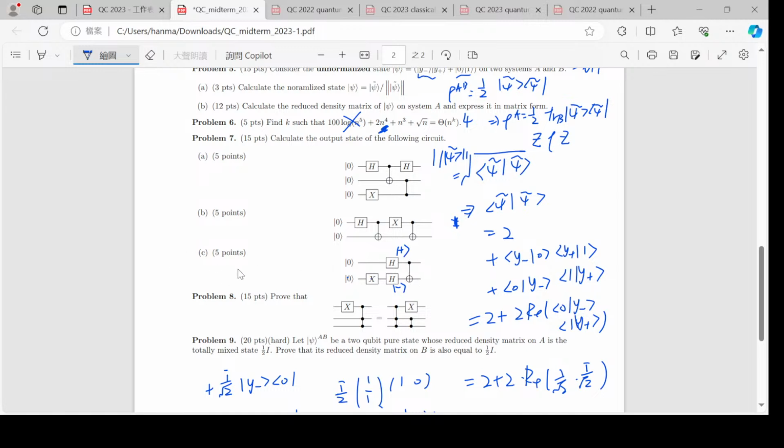So it's like 0 tensor minus and plus 1 tensor minus, ignoring the 1 over square root 2, and then you go through CNOT, and it's still 0 minus here, and plus 1, and you apply X on this minus, you get a minus sign, and a minus, so it's -1 on the minus, and so that's actually equal to minus.